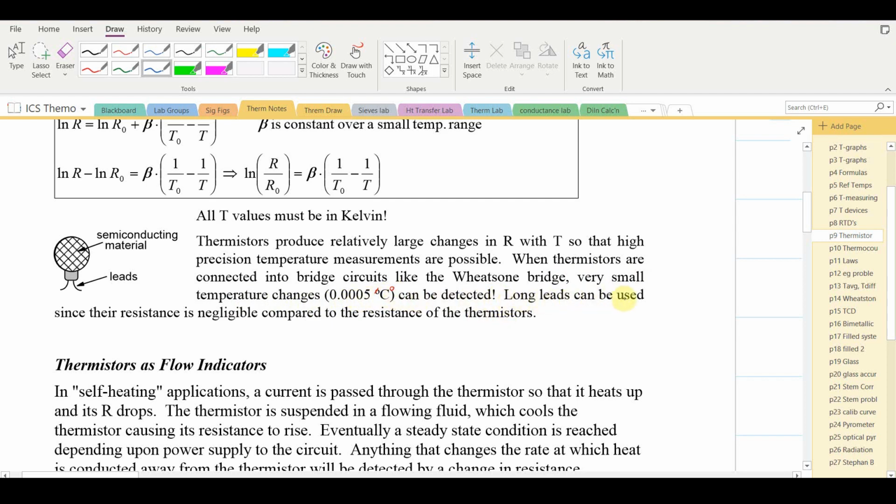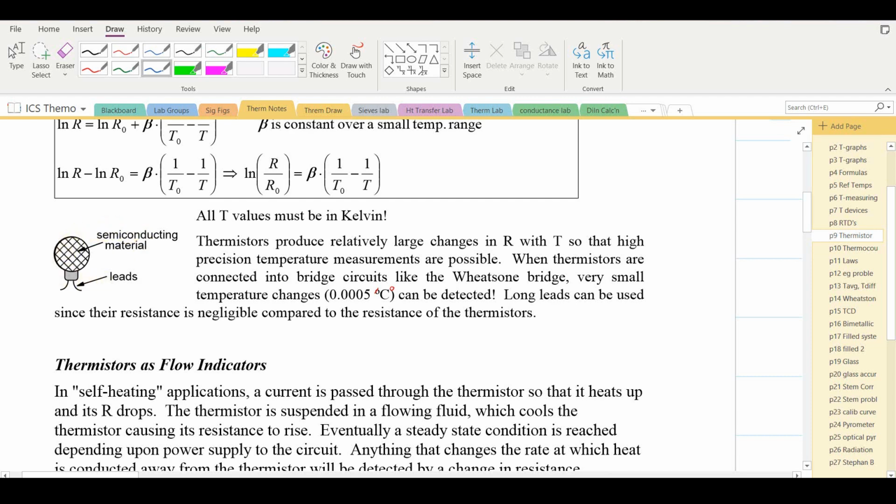Furthermore, long leads can be used, since the resistance of a wire lead, a metal conducting wire lead, would be negligible compared to the resistance of the thermistor. What are we saying here? We could use long leads to the actual meter from the sensor, made of copper wire, because copper has very low resistance and it won't affect the readings of the thermistor sensor.